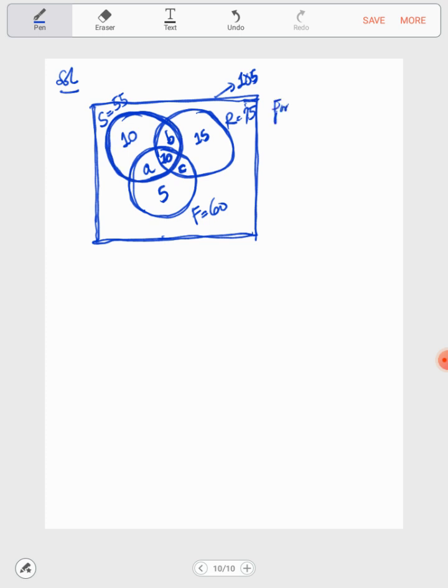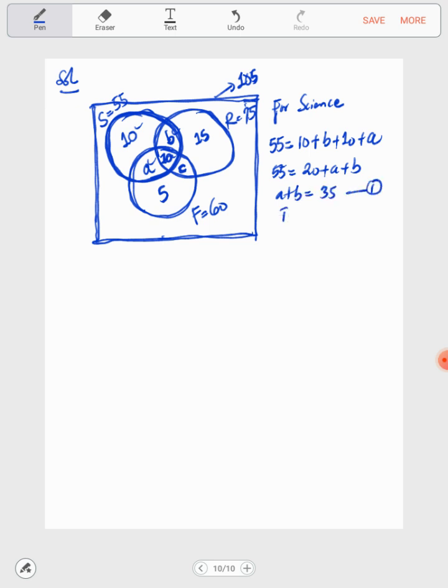For science fiction, we have 55 equal to the whole of the circle, which will be 10 plus b plus 10 plus a. That is 55 equals 20 plus a plus b, so a plus b is 55 minus 20, that's 35. You can call this equation 1.